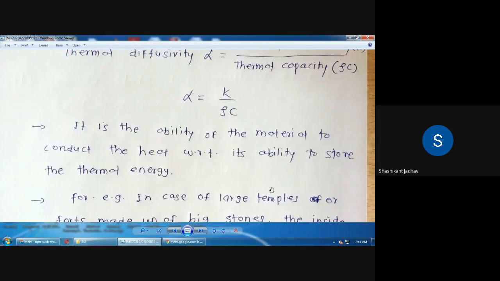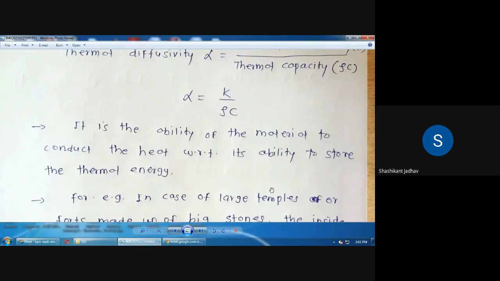So what is the physical significance of this thermal diffusivity? What is the meaning of it? It is the ability of a material to conduct heat with respect to its ability to store thermal energy. That is, thermal diffusivity tells how much heat the material can conduct with respect to its ability to store thermal energy.